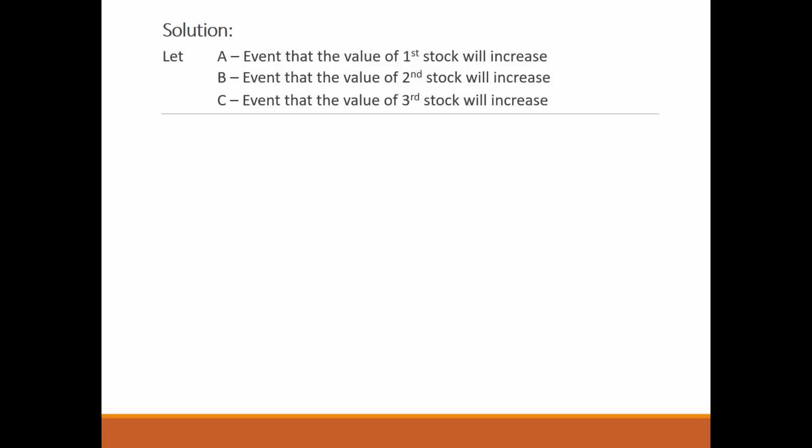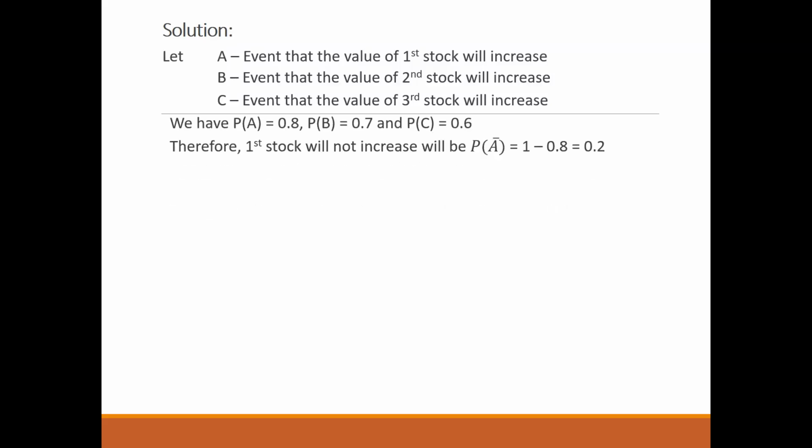Clear? Now, one more thing we are going to do here is we are also going to find out the P bars, that is, it will not increase. So PA bar, you can write 1 minus 0.8. Now, this is going to be used specially for the second question. So 1 minus 0.8 gives me PA bar. That means A is not going to increase. The first stock is not going to increase.